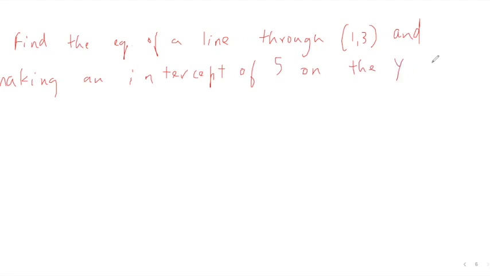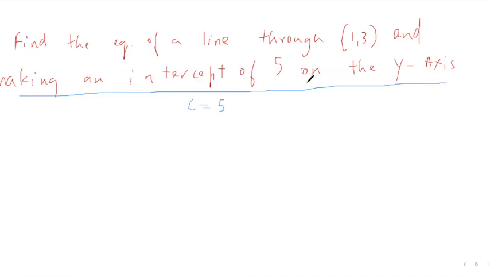It's an extremely simple sum, but what does this statement mean? What does this mean? Anybody? So this means c is equal to 5.